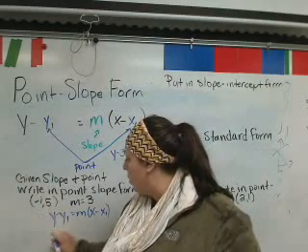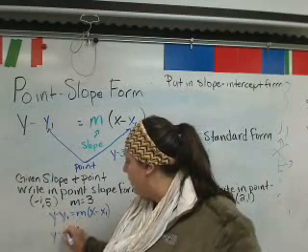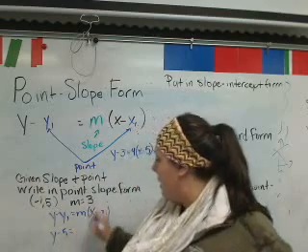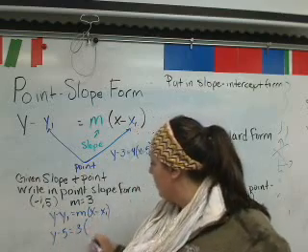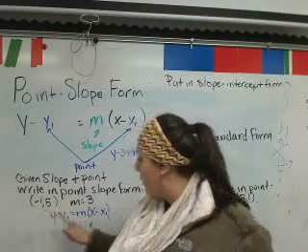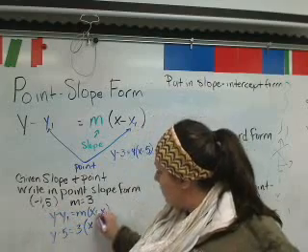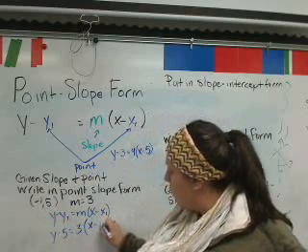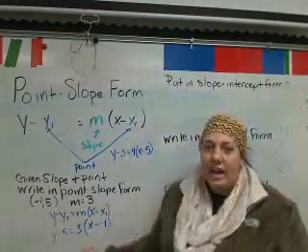So for my y value, I'm going to plug in 5, for my m, I'm going to plug in 3, and for my x value, I'm going to plug in -1. Mind you, this is already a minus, so you need to make sure you plug in a -1.